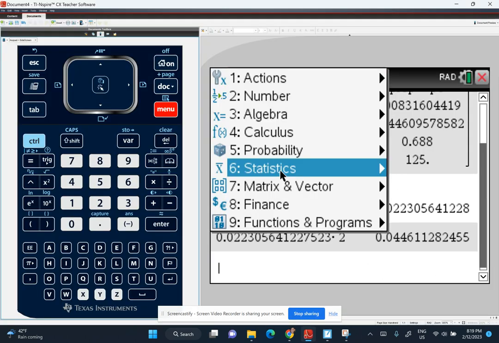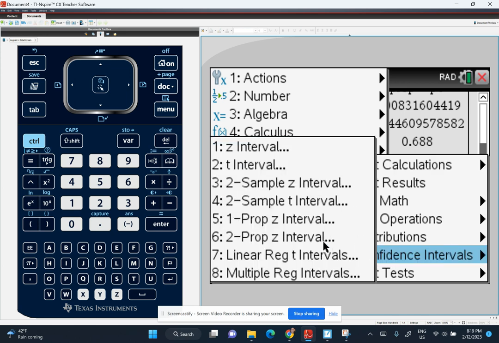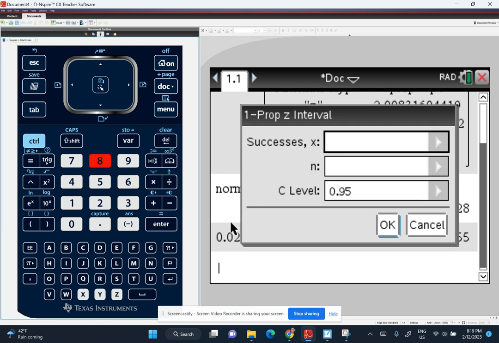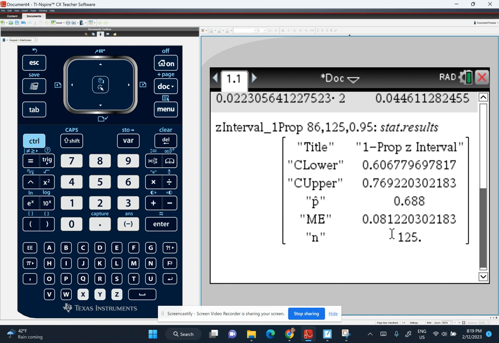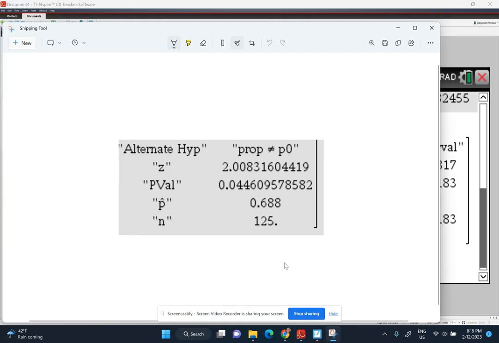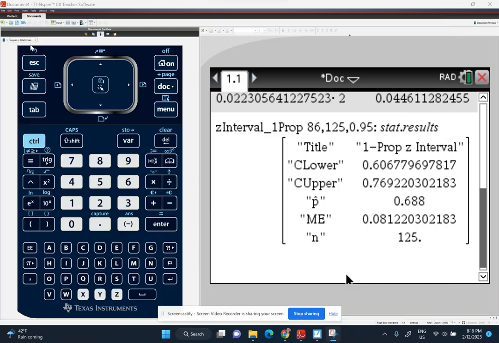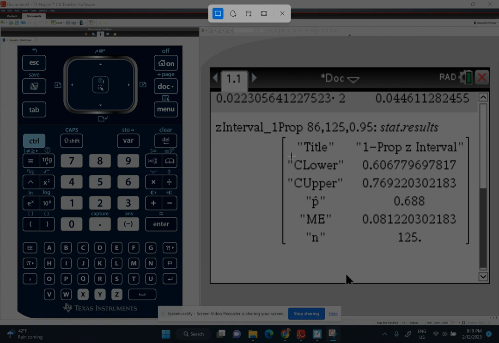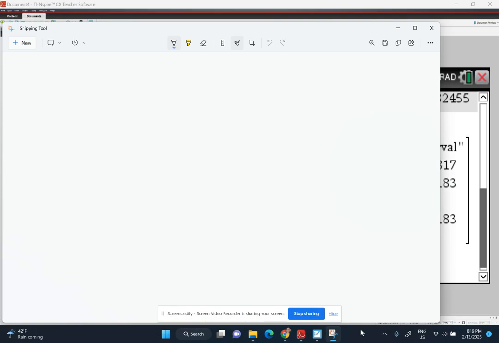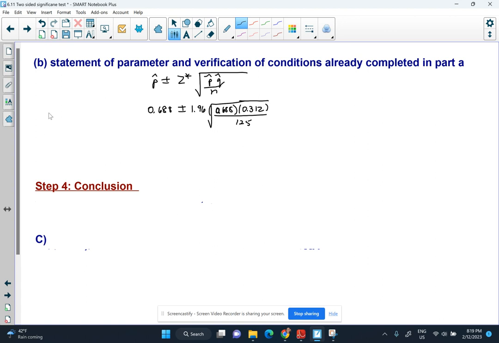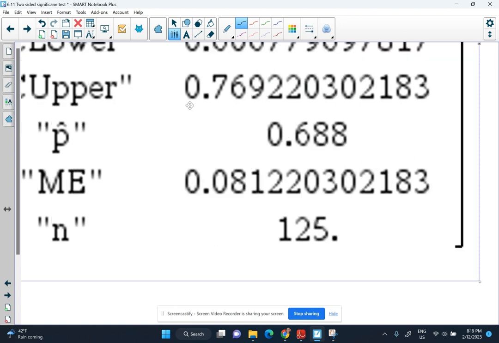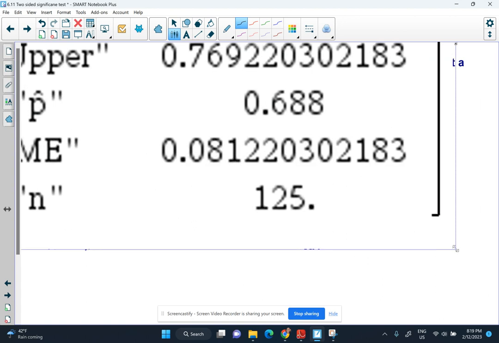And then the rest, I would enter in the calculator. So you would do menu, statistics, confidence intervals, and we're doing a 1 proportion Z interval. And so that's 86 over 125, and it was for 95%. And now I'm just going to get my snippet just so it saves me some time since this video is probably a little on the long side. Shrink this.